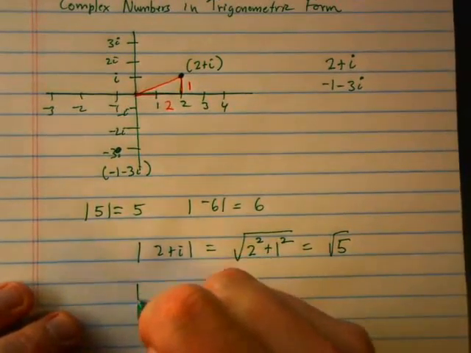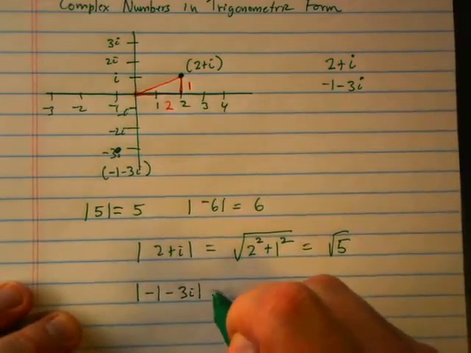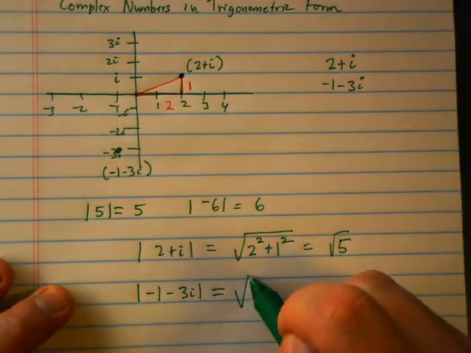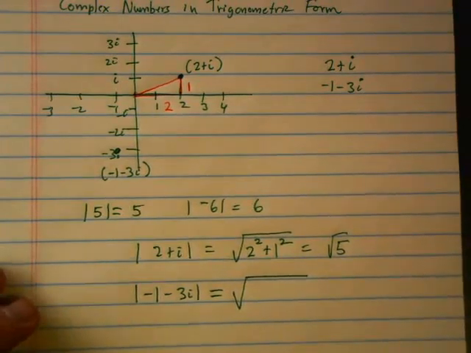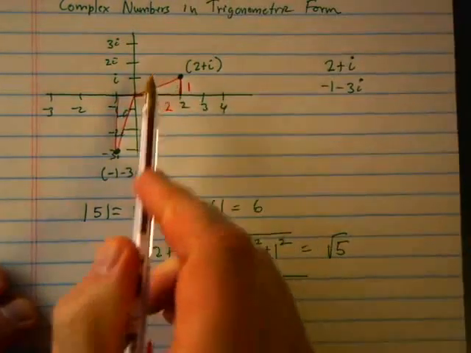What's the absolute value of minus 1 minus 3i? It's going to be the square root of... Well, again, we could draw our little triangle here. How far is this distance?